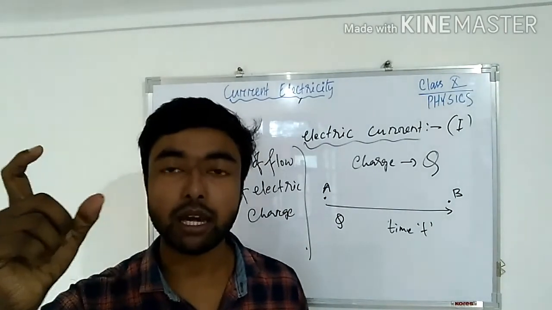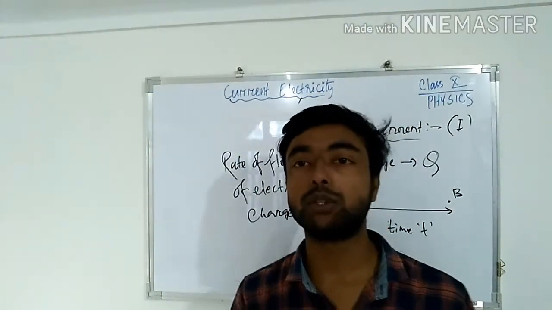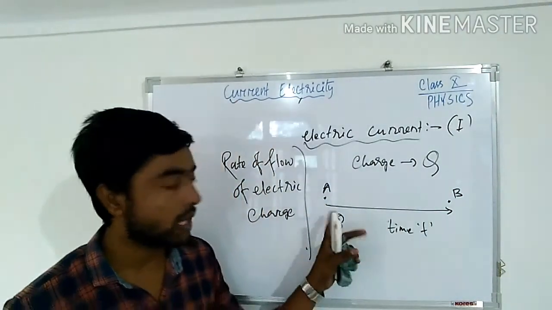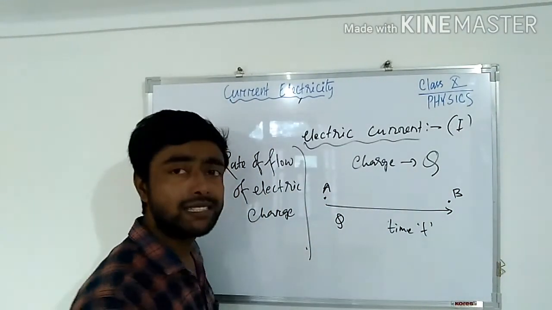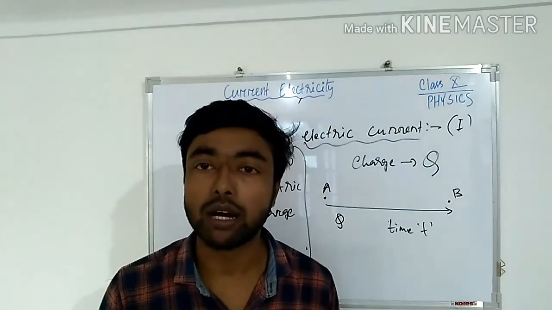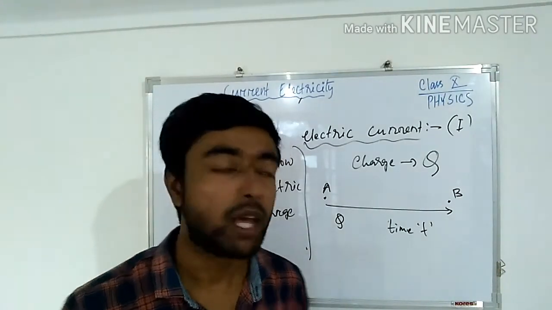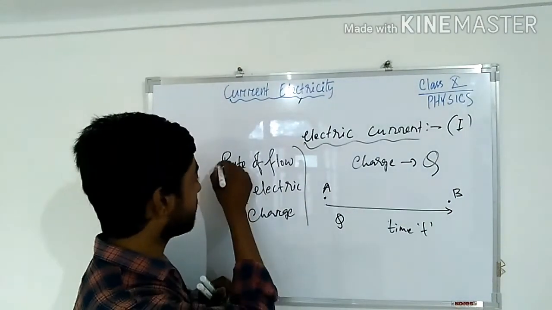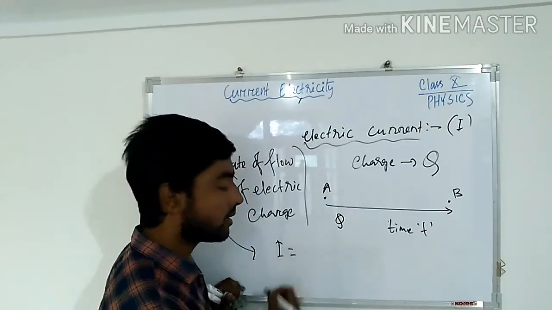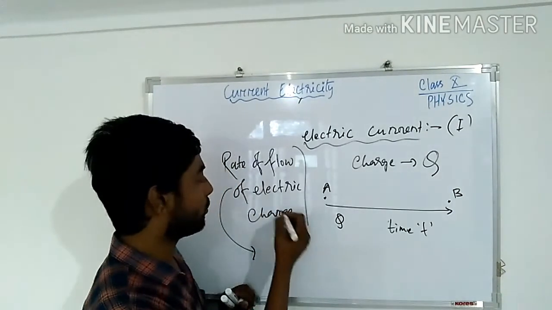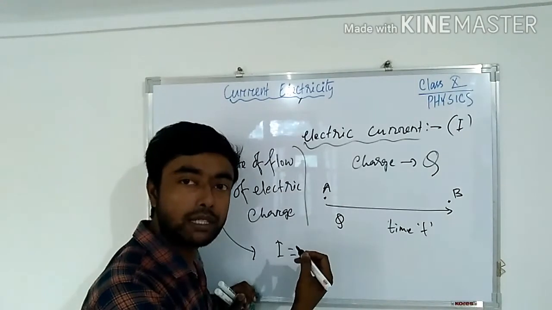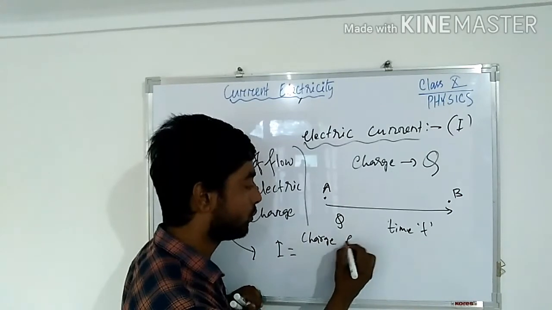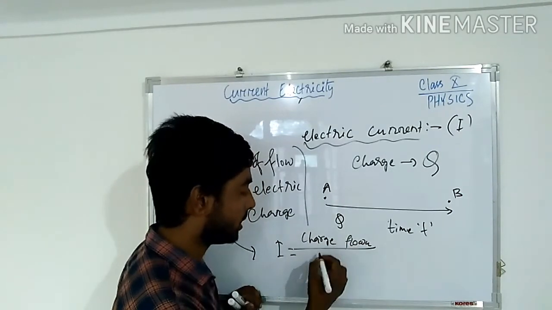Now rate is coming, and you know that when rate comes, you need to deal with time. Now you see, suppose Q amount of charge flows from A to B, and it has taken T time. So how much will the rate be? Rate we always divide by time. The rate is defined by electric current I. I is the rate of flow of electric charge, that is, charge flowed divided by time taken.